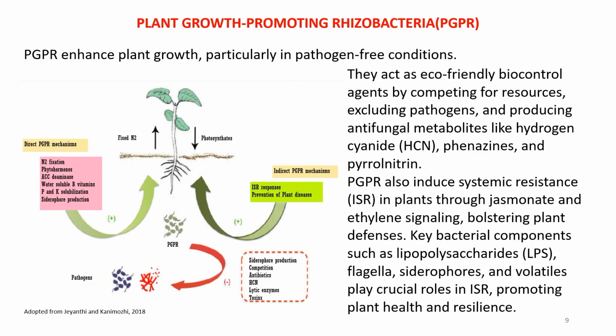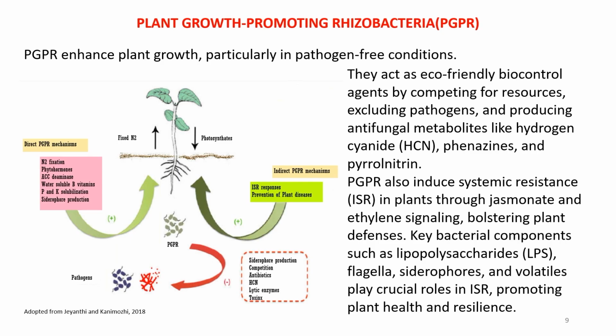They also induce systemic resistance in plants through jasmonate and ethylene signaling, bolstering plant defenses. Key bacterial components such as lipopolysaccharides, flagella, siderophores and volatiles play crucial roles in ISR, promoting plant health and resilience.